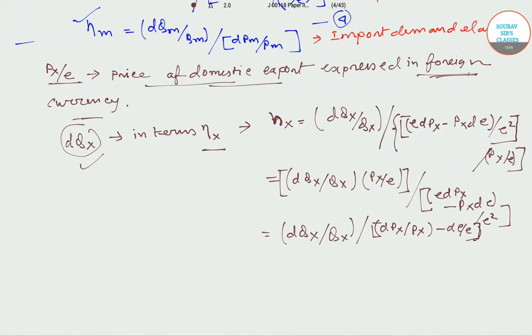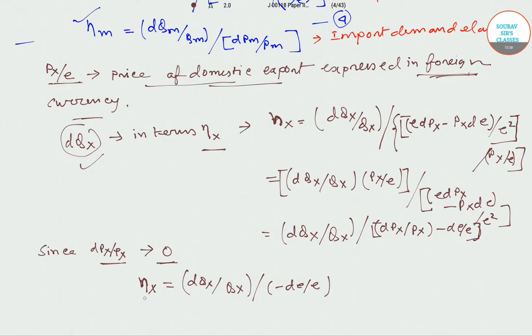Now, we know that dpx by px is assumed to be 0, then we can simply write the elasticity of export is equals to dqx by qx divided by minus dE by E. So if you further solve it, you will get the value to be equals to dqx by qx divided by minus k. So we will denote it by the expression 5.